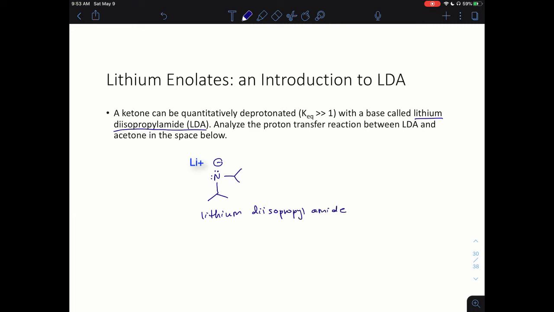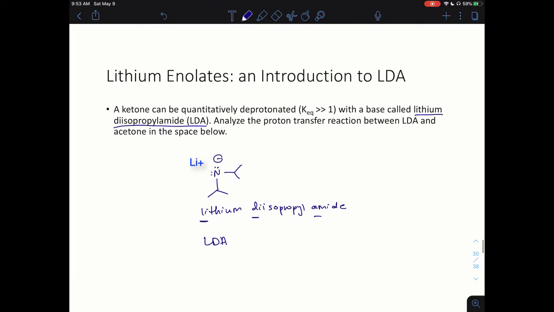This base is very strong. We'll talk about it in a second. And it's only to be used in very specific contexts. And what I'm about to show you is an appropriate context. So do not start randomly using it. You only use it in the context that I have shown you. So lithium diisopropyl amide, LDA, is a deprotonated amine, right?